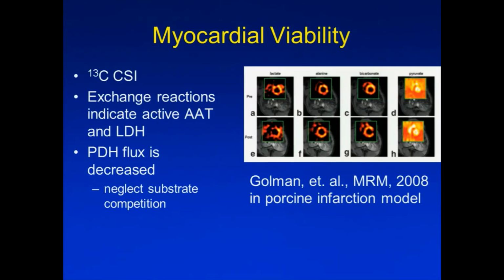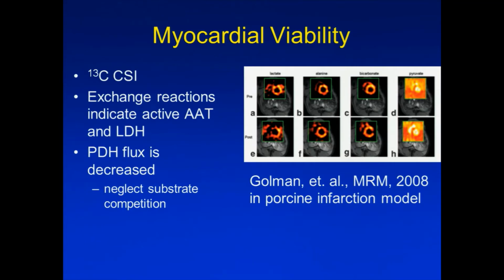That allows you to do another piece of data that I think is some of the most compelling data that's been produced with hyperpolarization. This is actually a study from 2008, and it's a porcine model of myocardial infarction. The top row here is before they occluded the artery. All the metabolites, lactate, alanine, bicarbonate, look pretty much the same.